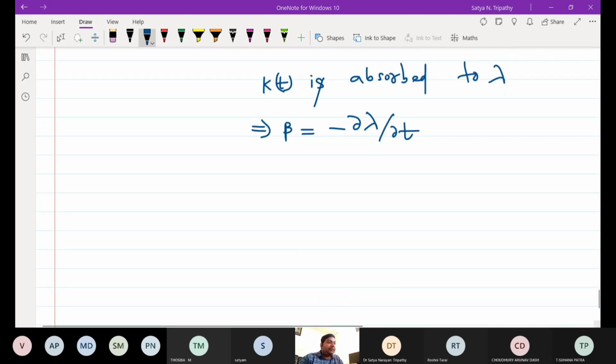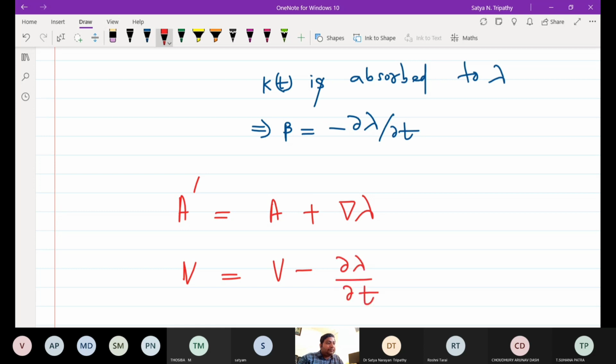And now I can write the final expression. So A dash is equal to A plus grad of lambda, and V dash is equal to V minus d lambda by dt.